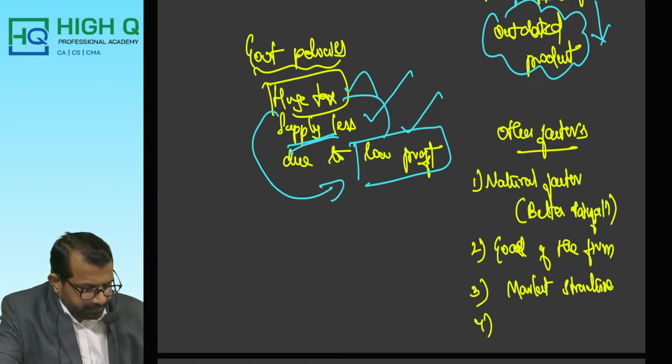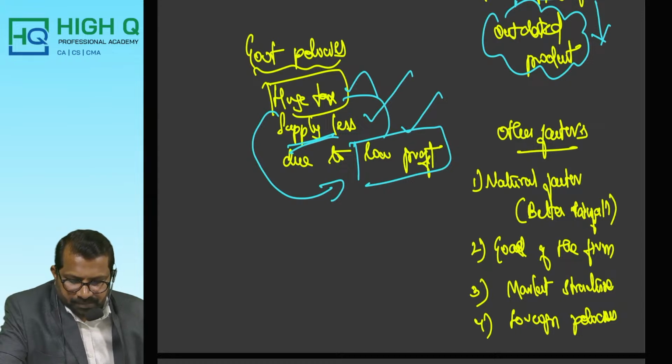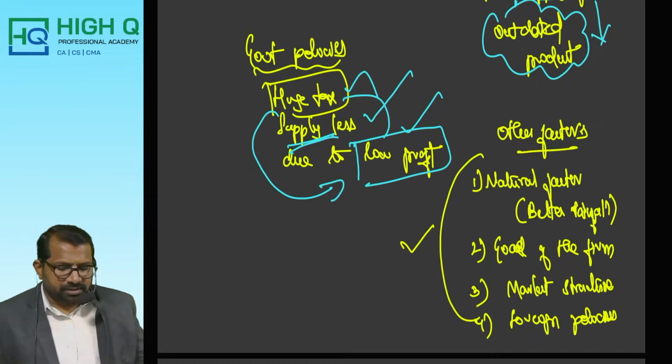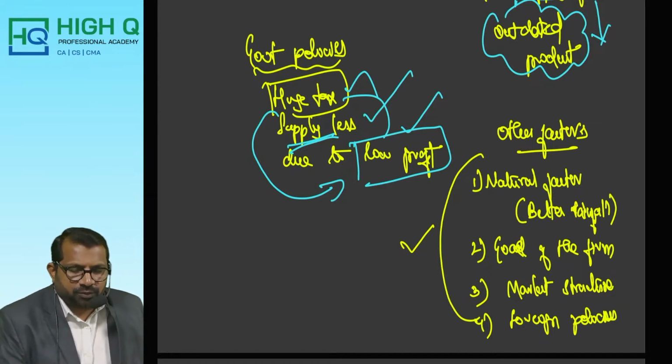Market structure. Foreign policies. So all these are the other factors. Once natural factors, especially better rainfall, support agricultural activities, there is a possibility to increase production, and the supply shall be increased. As well as the goal of the firm: the major goal of the firm is to increase profit, but whatever points we have discussed so far, if they have an impact on the amount of goods as well as on the supplier, this may be reflected in reduced supply.